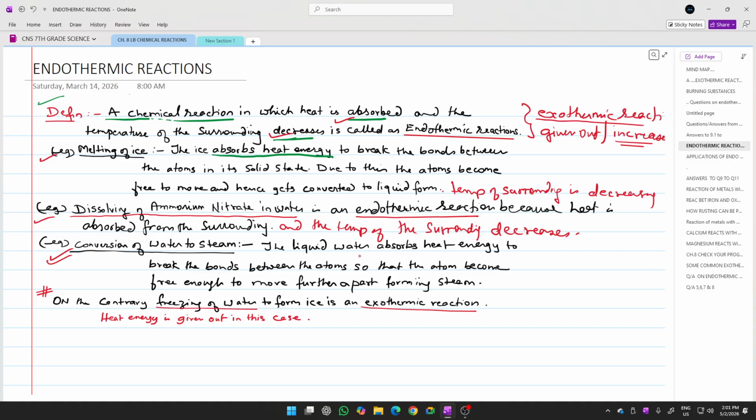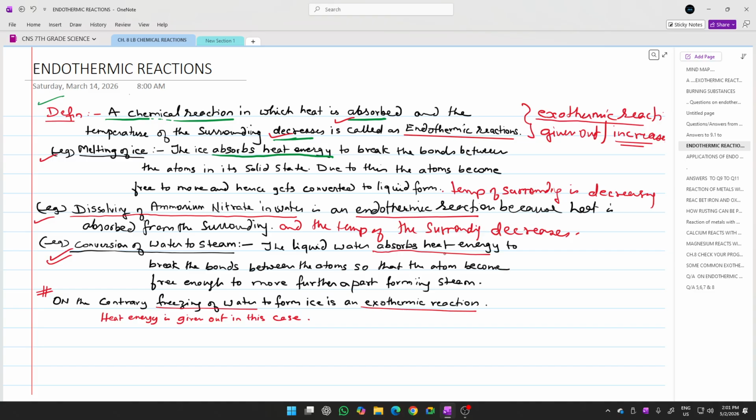They have to go away from each other to get converted into the vapor state, so that they can move still more freely. So there is an absorption of heat energy taking place, and absorption of heat energy is nothing but an endothermic reaction. So conversion of water to steam is also an endothermic reaction.